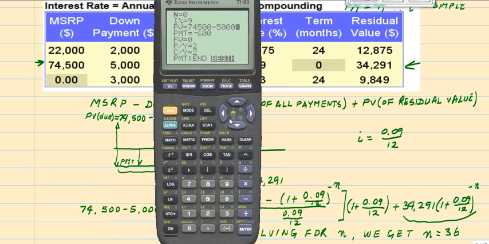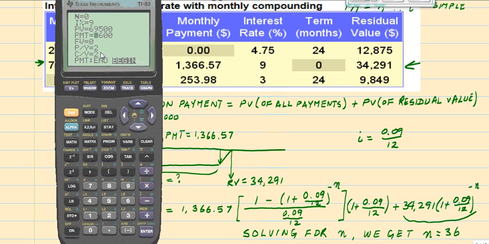Payment is negative 1,366.57. Then we go to future value, which is also negative because we have to write another check for 34,291, and then the number of payments per year is 12.